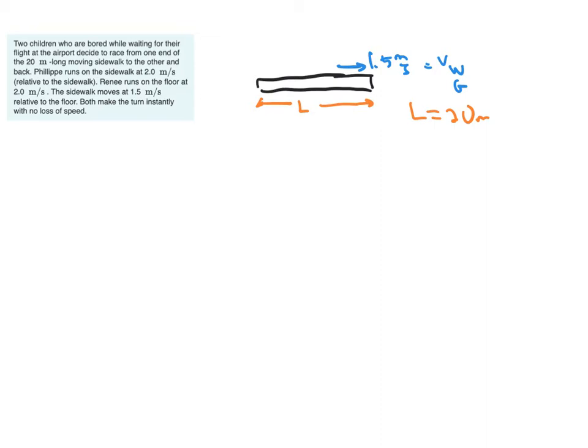We do know that its length is 20 meters. And we have Felipe running first this way, and in the second part of the problem running that way. In both cases, Felipe's speed with respect to the walkway is 2 meters per second.